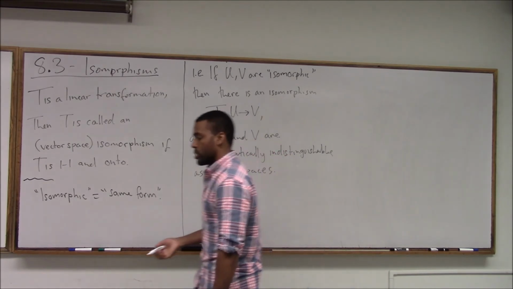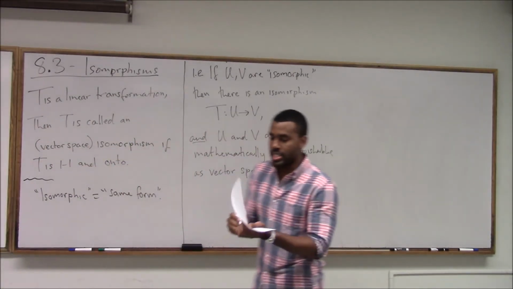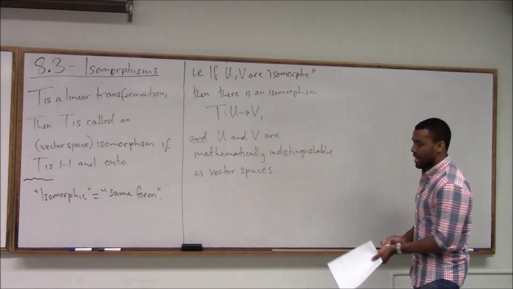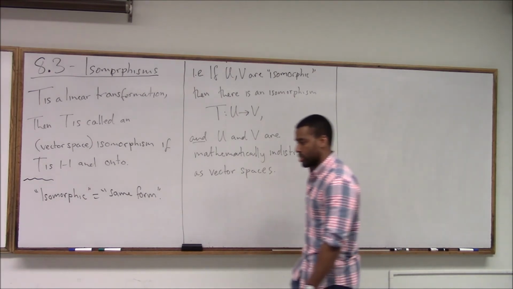Meaning there's no real difference between the two, probably notation. One set is exactly the same as the other and will function exactly the same as the other. You're just pretty much changing the names of all the elements and nothing else is changing.